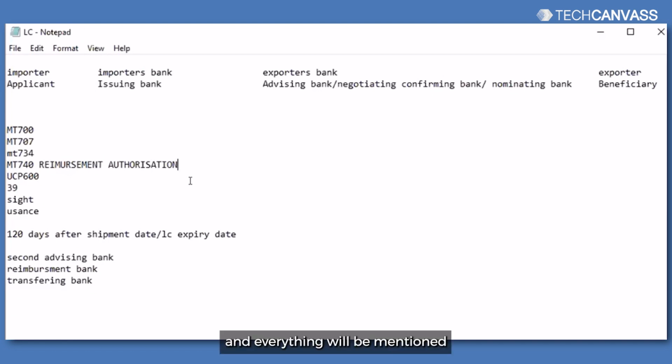This reimbursement bank is doing this service, right? For that, they will charge something. That is also mentioned here, whether the reimbursement charges are on account of the issuing bank, the importer, or the exporter.